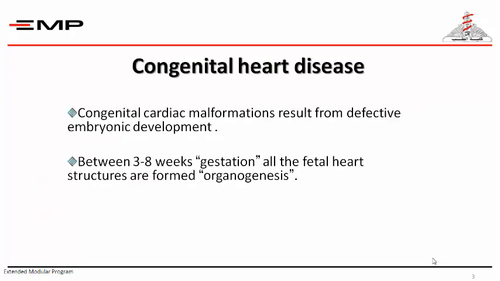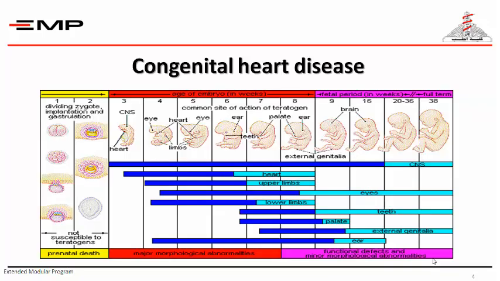Congenital heart disease, we all know, results from defective embryonic development, and the main period at which the insult may affect the heart and result in a major defect is between 3 to 8 weeks of gestation. According to this slide, we can see that the organogenesis for the heart is between the 3rd week and the 8th week.